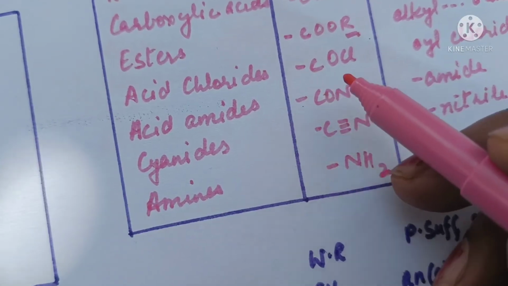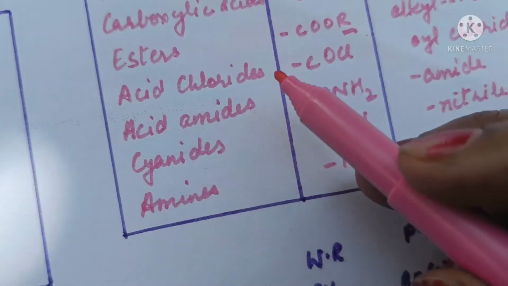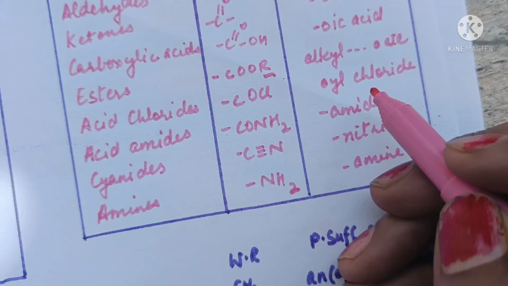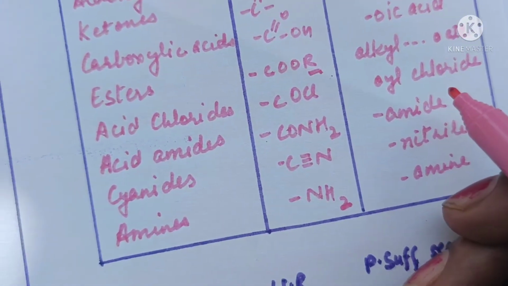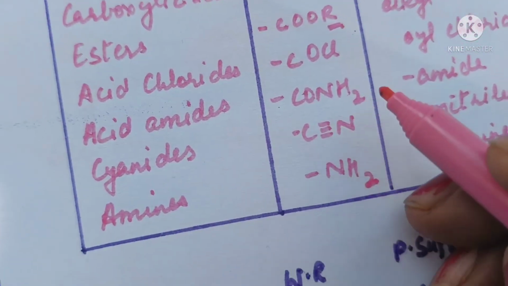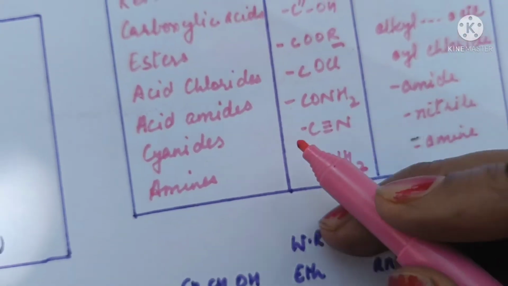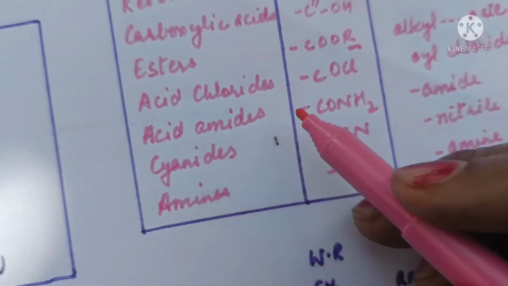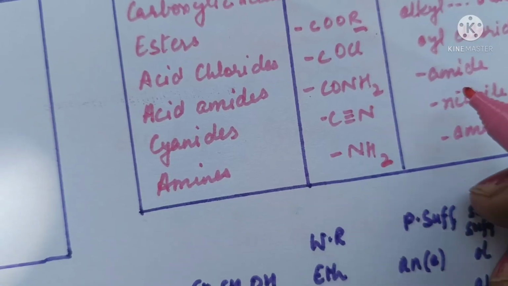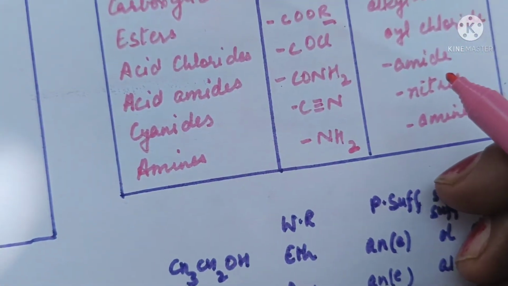A compound containing COCl as functional group is called acid chloride, and its IUPAC name will have the suffix oyl chloride. A compound having CONH2 as the functional group belongs to the class acid amide, and the suffix amide is added to it.